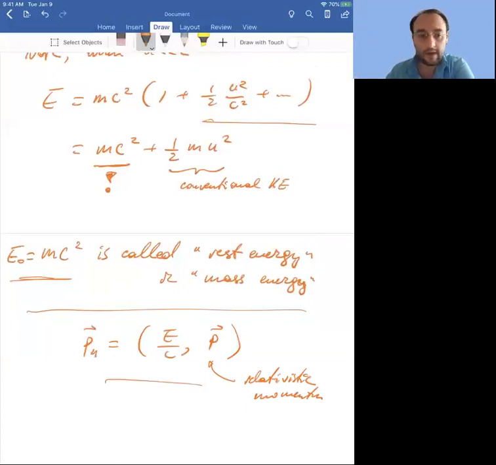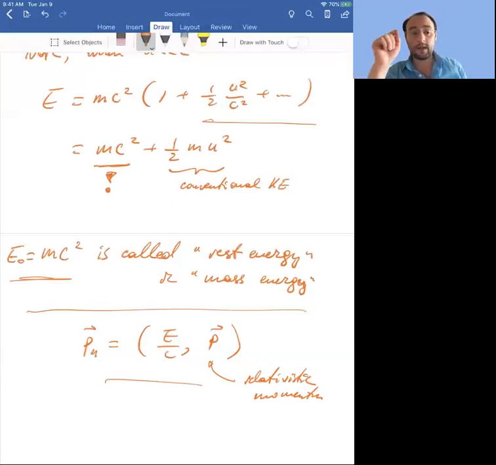This object is a four vector, okay? And so since the four momentum is a four vector, when we switch from one reference frame to another, what was the energy part, the time part, in one frame becomes a combination of the momentum part and a different value of energy in another frame. That's what I'm trying to say.